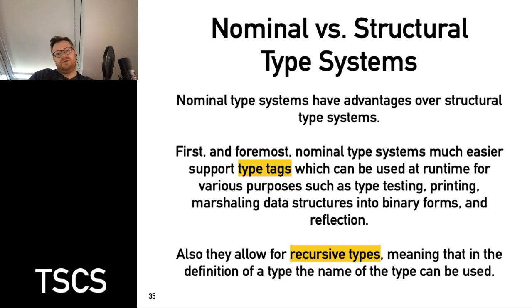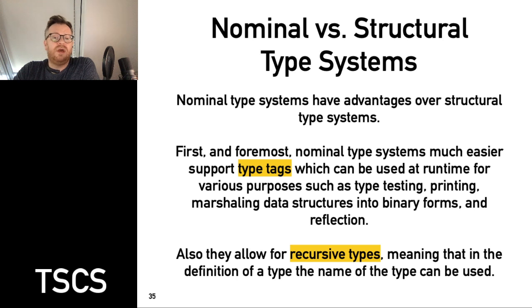In a structural type system, you cannot do that because any use of that type is basically a new type that you have to match against the existing knowledge of other types and define equality all of the time. This is much harder when it comes to testing, printing, marshalling, and so on. The interesting thing also is, in a nominal type system, you can do recursive types.